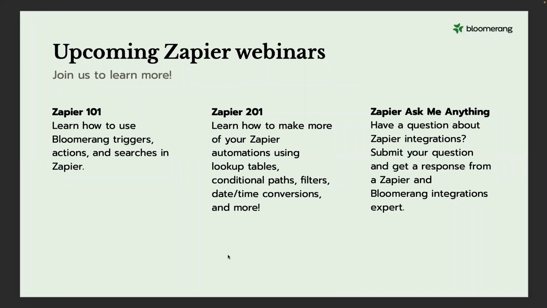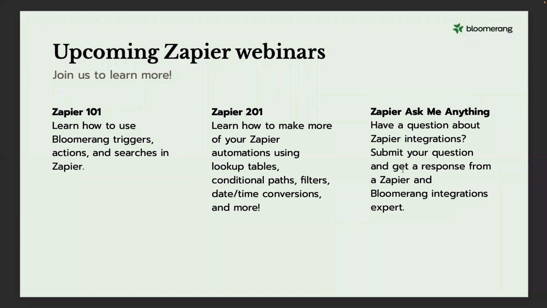So this webinar today is the first in a series that we're going to host here with Diana and the Bloomerang Academy team that will complete an incremental dive into Zapier integrations for Bloomerang. While today's webinar is a high-level overview of what can be accomplished with integrations using Zapier, there is a series of webinars coming up, and in July you can join us for Zapier 101 and 201, which will focus on the Bloomerang Zapier app itself and different utilities in Zapier that can be used to customize automated workflows.